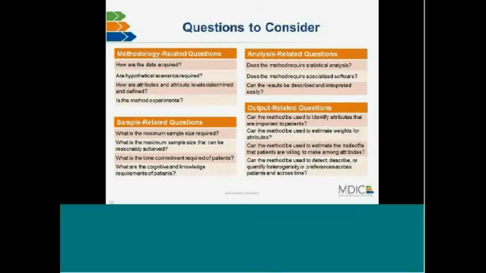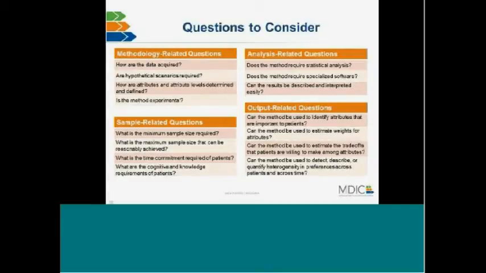And potentially most importantly is what are the outputs that you get from these things? And this is reflected really in Section 5 in the framework report, is what are the different types of information you can get? Can you identify these things? And some of these methods may only be limited to identifying what is important to patients. Can you actually get weights for these things?